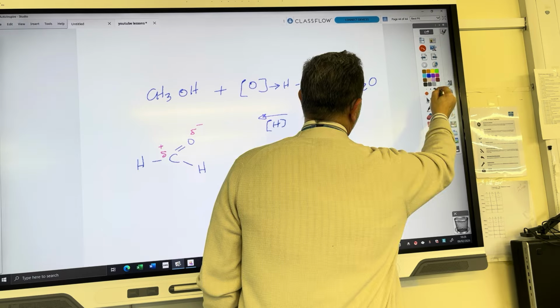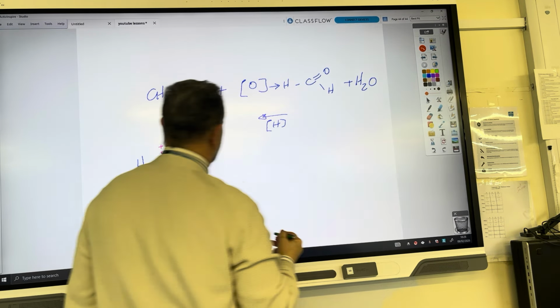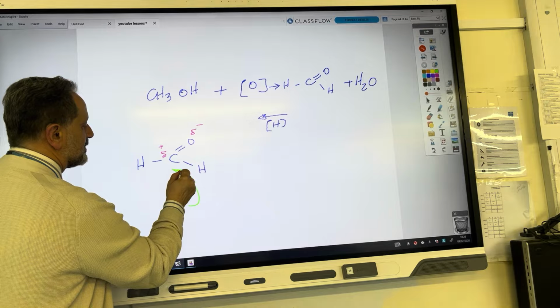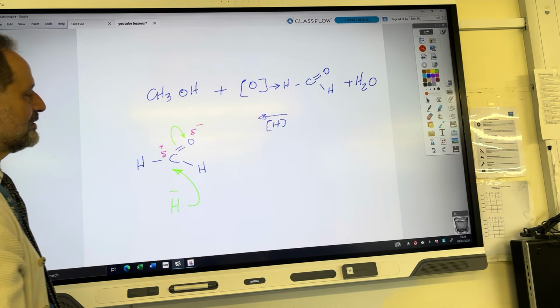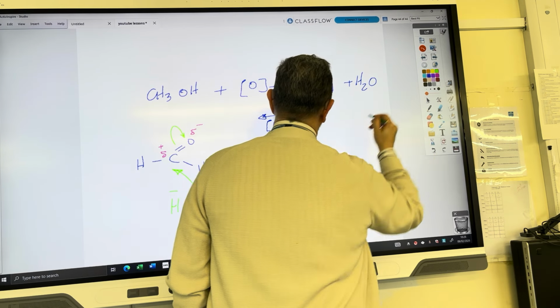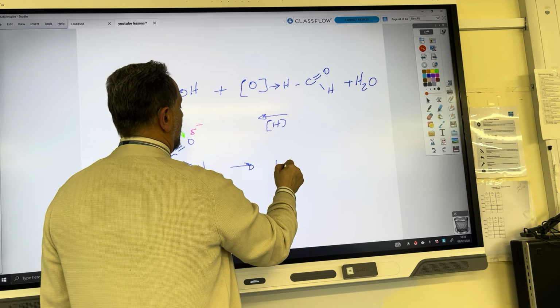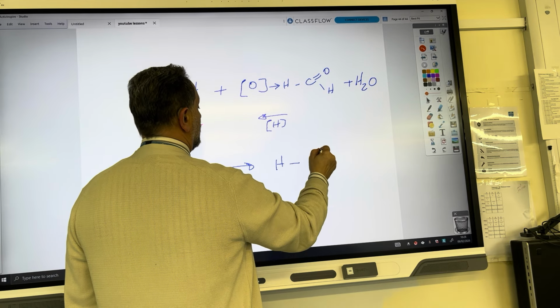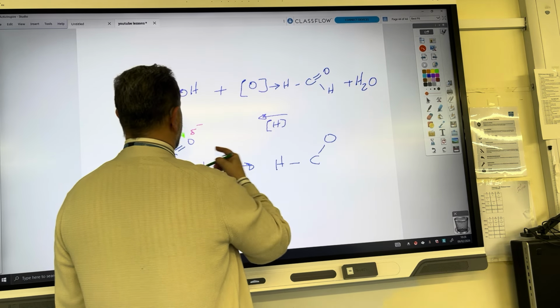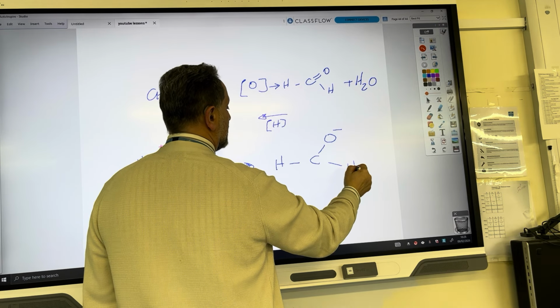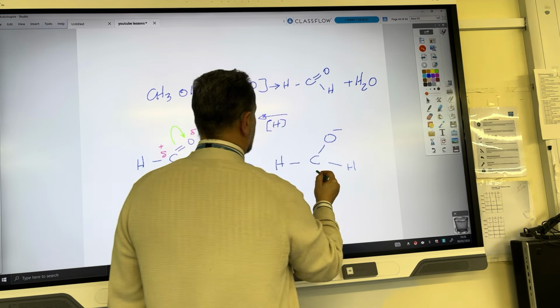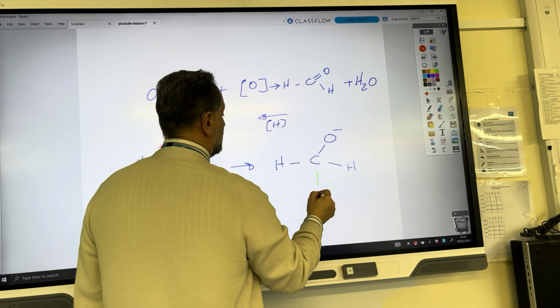So H minus attacks. Doesn't that make sense? And then H. Now you have that bond has broken, you get a negative there, your hydrogen is sitting there, and then the other hydrogen sat there, right?